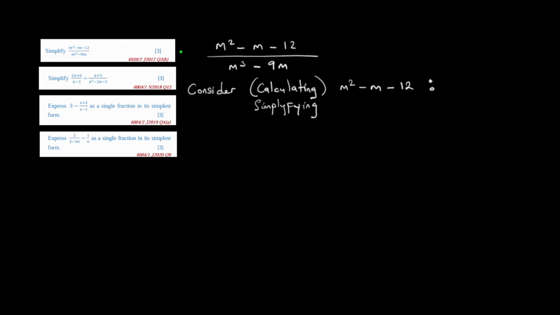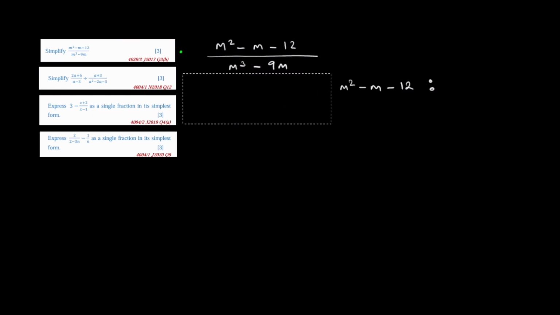But I think the word which is the most befitting is simplifying. So let us rather use that one. Saka zvamuchaita panapa munongoya pano moti simplifying m squared minus m minus 12.